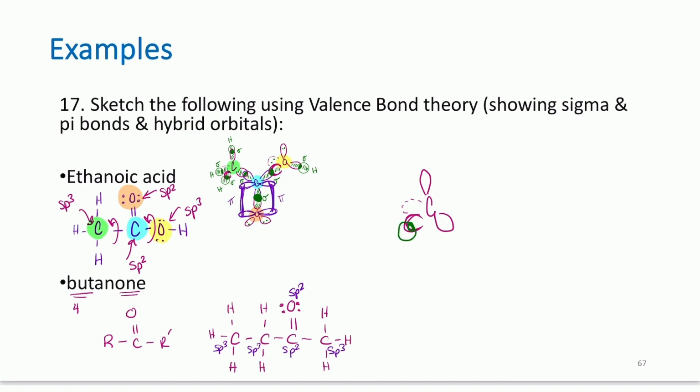This is sigma bonded to a hydrogen, sigma bonded to a second hydrogen, sigma bonded to a third hydrogen. This carbon is also sigma bonded to another carbon atom.